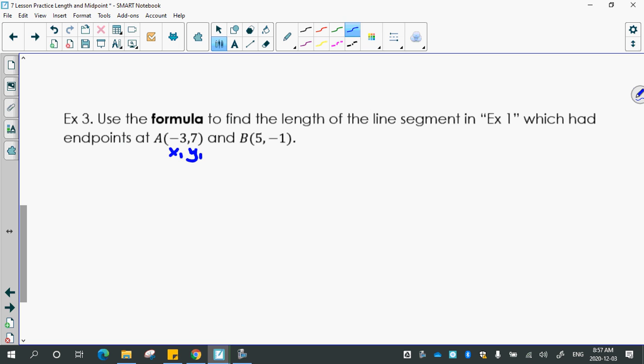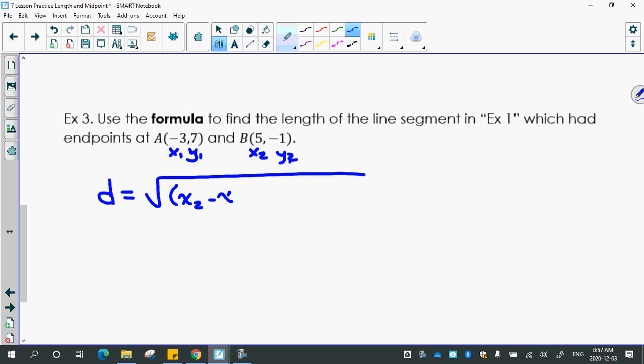Remember, x always comes first, and this is point 1. And x2, y2, just like last year when you were doing slope. Then you write the formula out: d equals the big square root of x2 minus x1 squared plus y2 minus y1 squared.